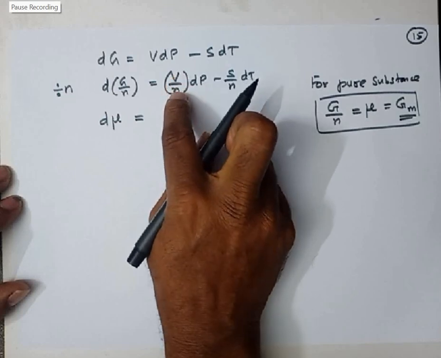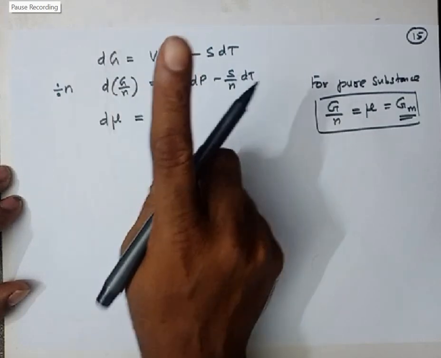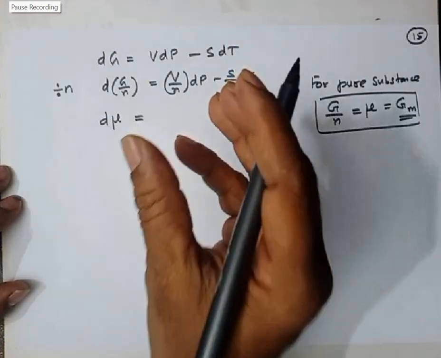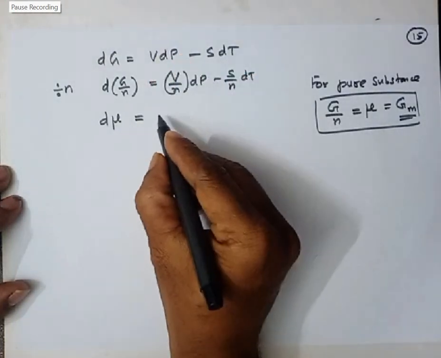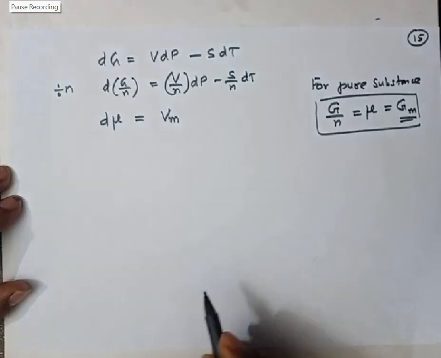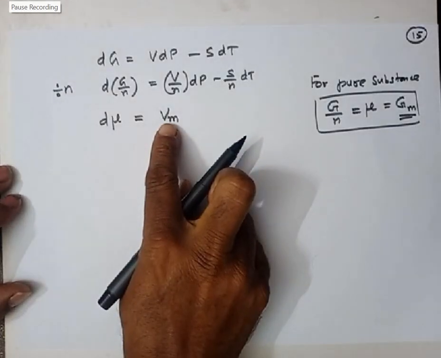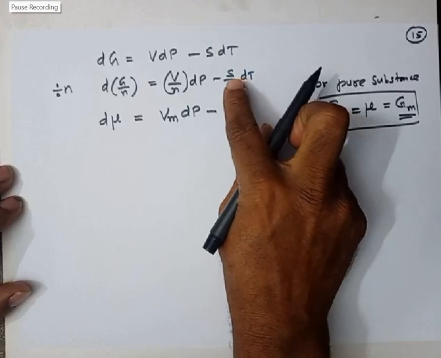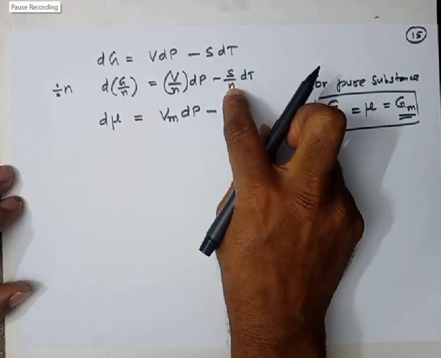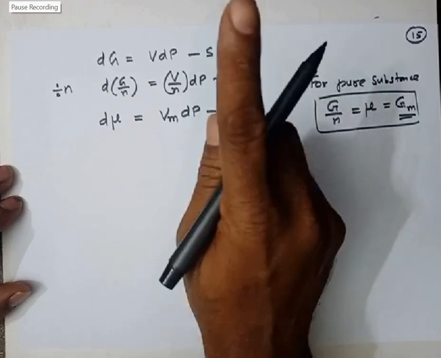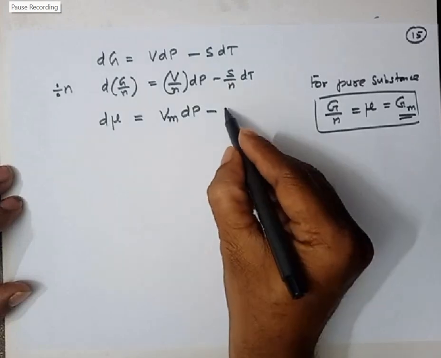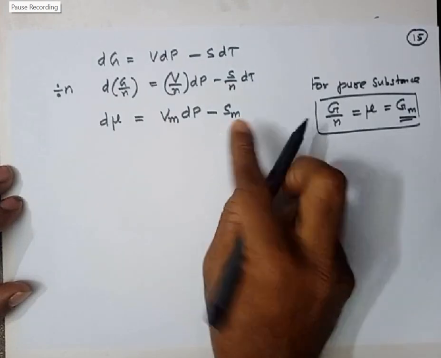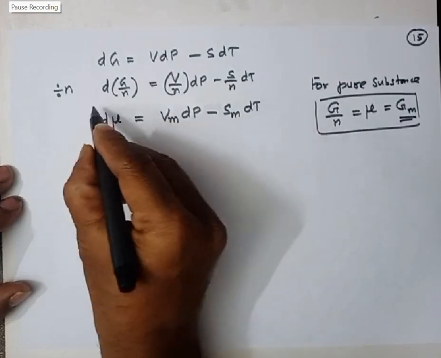If I divide this by number of moles, I will get volume for 1 mole. Volume occupied by 1 mole of gas or substance is called molar volume, represented by the symbol Vm. So Vm dP minus, if you divide entropy by number of moles, we get entropy for 1 mole, which is molar entropy, Sm dT.